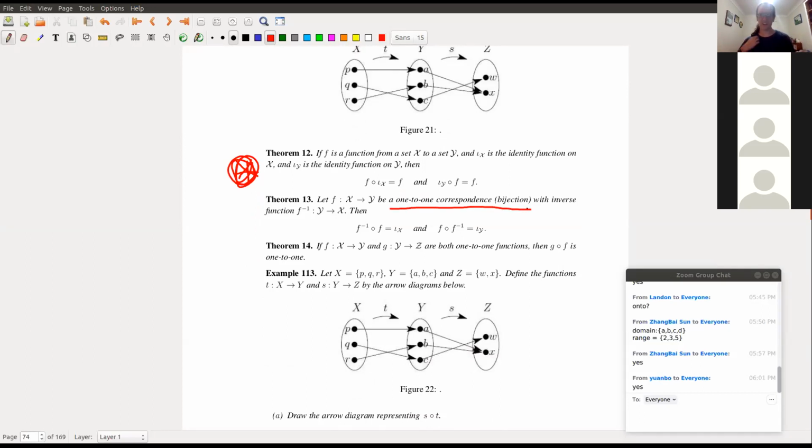This word, you won't have seen this. We've got one-to-one functions. We're introducing some stuff we haven't talked about. We're going to talk about this in a second, but if this f is a one-to-one correspondence with inverse function, so it's got an inverse function, then if you do the composition of the inverse with itself, you get the identity function, or itself with the inverse function, you get the identity function.